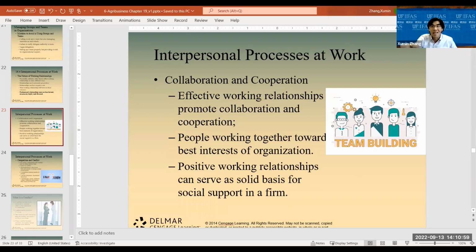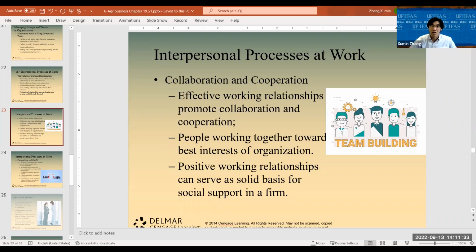How can we do that? As I just showed you in the picture, team building: design or develop different team-building activities. You can have dinner together, or a small drinking party together, right? You can also go out for a trip, travel, climb a mountain. There are many things. Or you can play a bowling game, any activities.